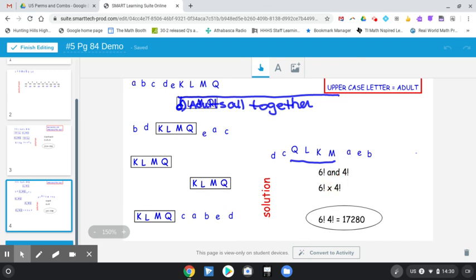But again, we don't have to put the multiply sign in there. 6 factorial, 4 factorial automatically means 6 factorial times 4 factorial and gives us 17,208.